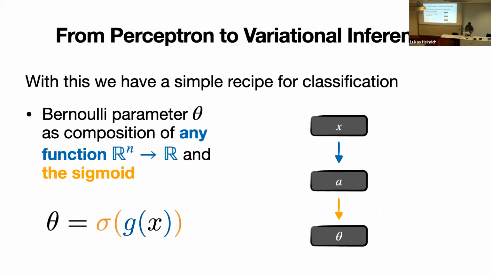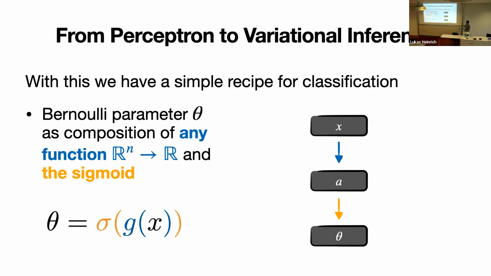Okay, so then how do we do this? Basically, we have a very simple recipe for classification. We have our data x, and we run it through a function that maps from the high-dimensional real vector space to the space of reals in 1 dimension.